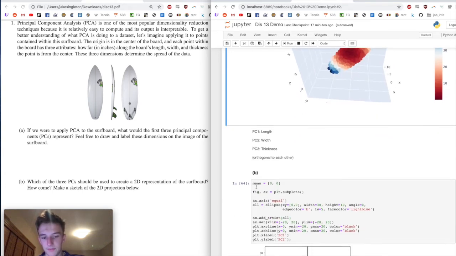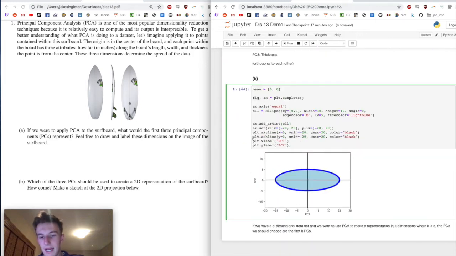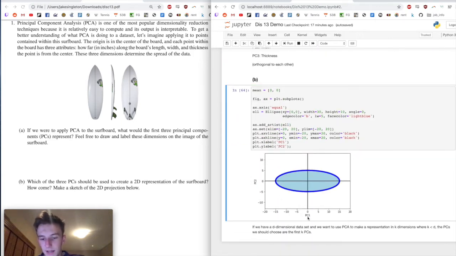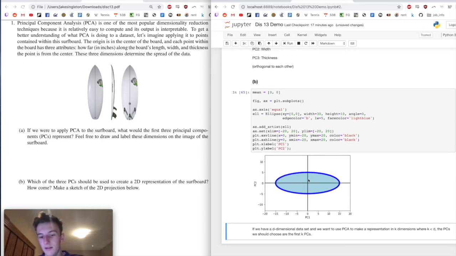And so in part B, we can imagine, here we have PC1 on this. I'll just run this to show it again. But basically, you can imagine that this ellipse is defined where PC1 is the length and PC2 is the width, lengthwise here, and width being here.